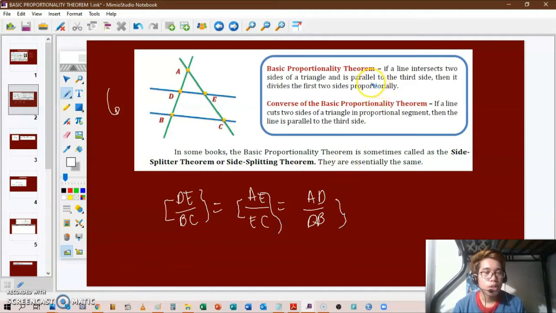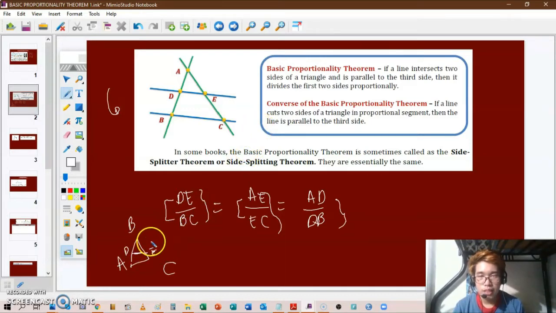The basic proportionality theorem states that if a line intersects two sides of a triangle, here triangle ABC, and is parallel to the third side, which is line segment DE, then it divides the first two sides proportionally.